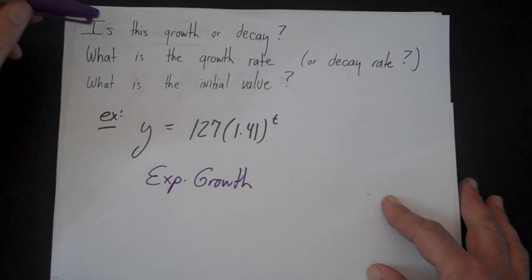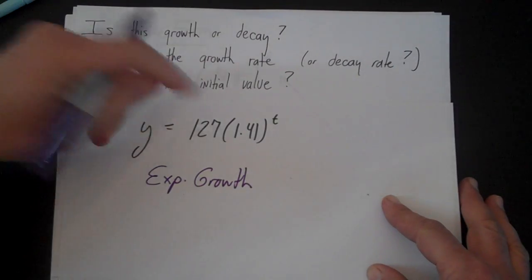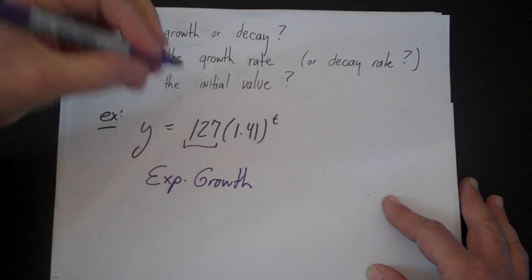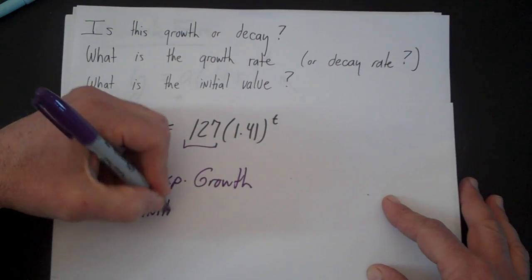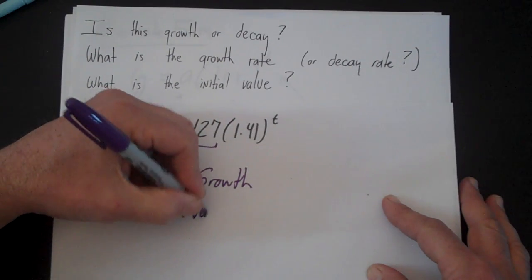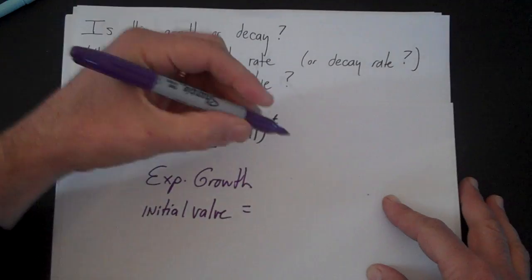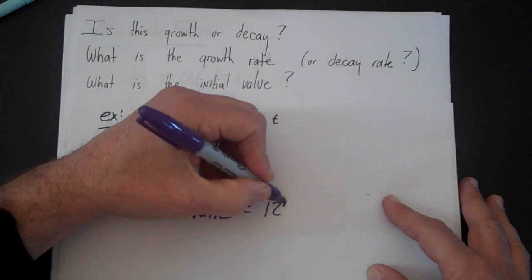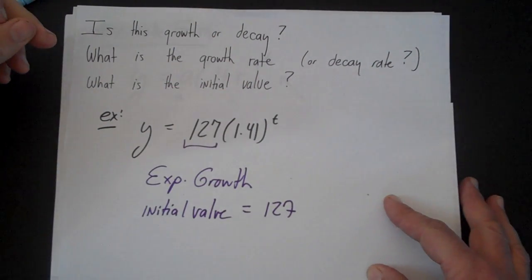Now let's look at what the initial value is. The initial value is simply this number right here. So the initial value is equal to 127.